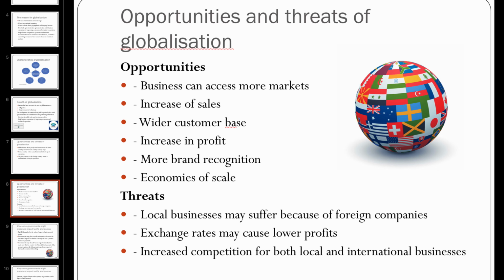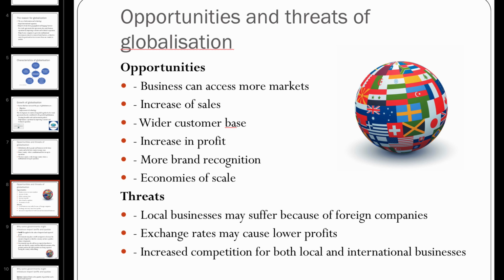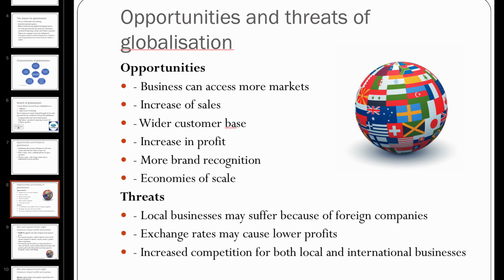Due to increased competition, businesses operate more efficiently and reduce cost through cost effective innovation and economies of scale. Reduction in cost will lead to greater profit, and they can also offer their products at reduced prices and encourage sales. Okay, let's look at the threats.